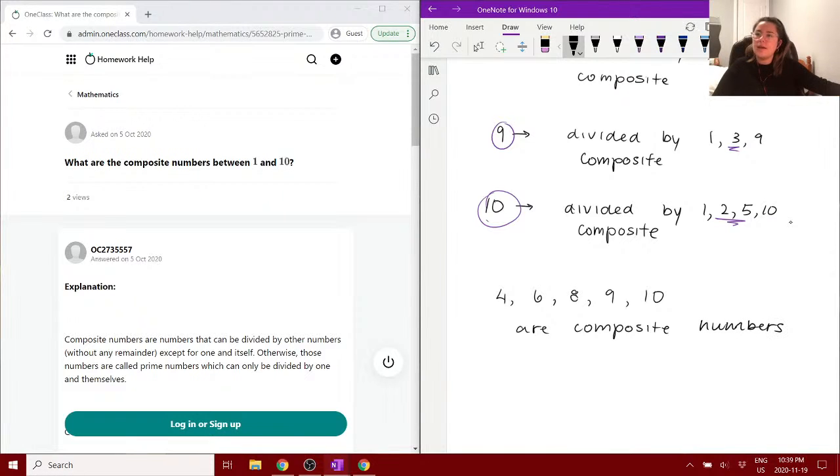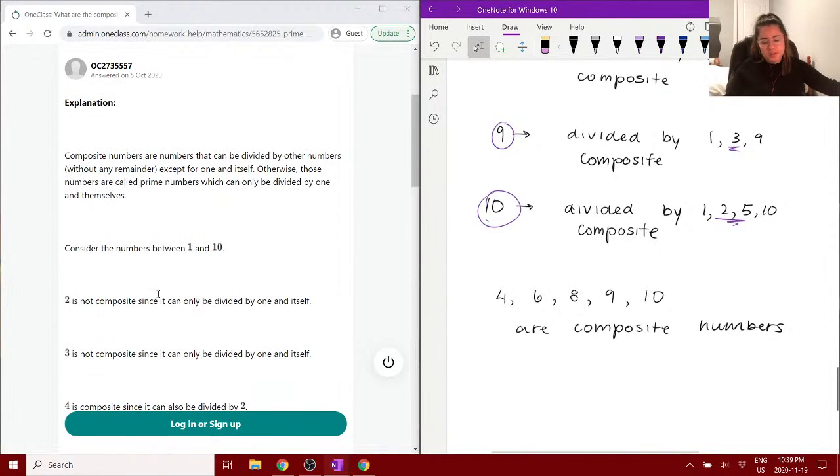Looking at the solution, composite numbers are numbers that can be divided by other numbers without any remainder, other than 1 and itself. Otherwise, those numbers are called prime numbers, numbers which can only be divided by 1 and themselves.